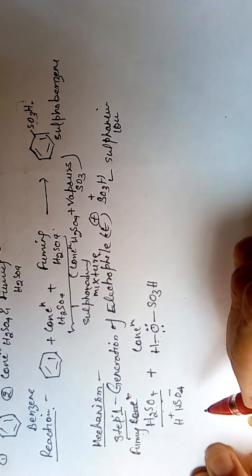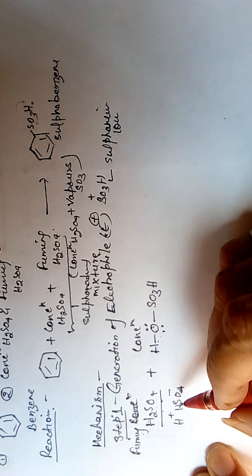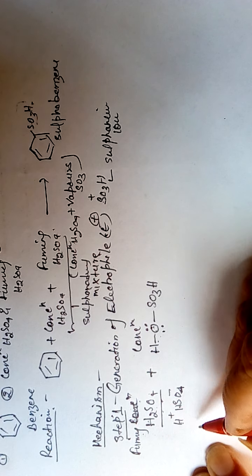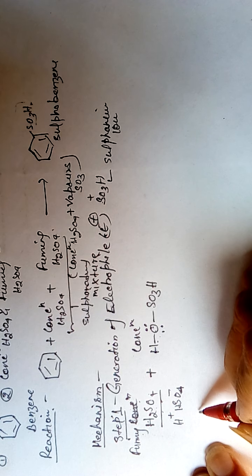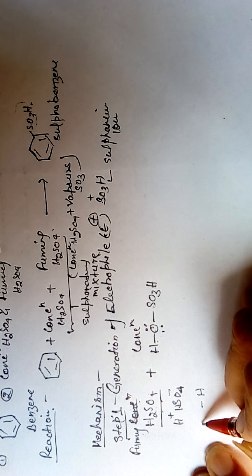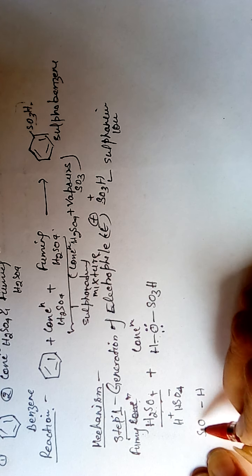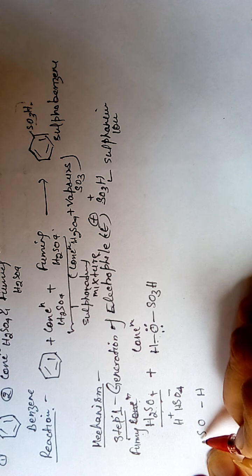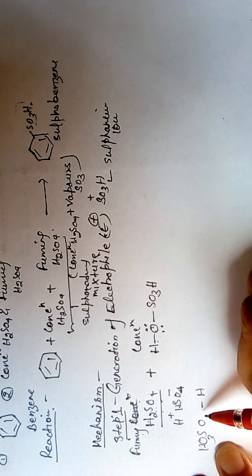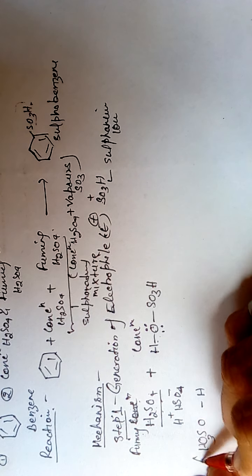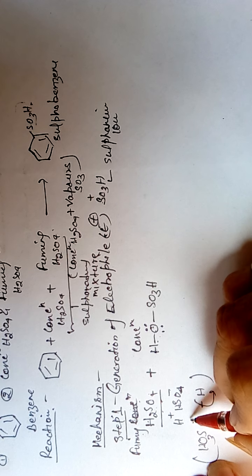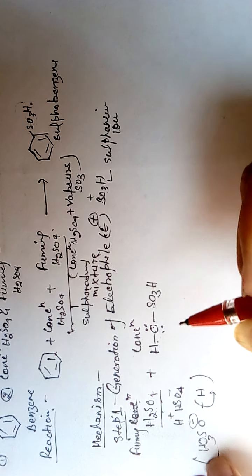So here we use fuming sulfuric acid. We can write this acid like HOSO3H. We can see that this proton is released from here and we get a negative charge on this.